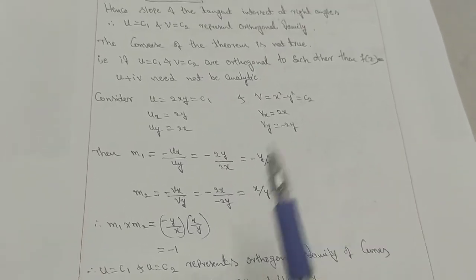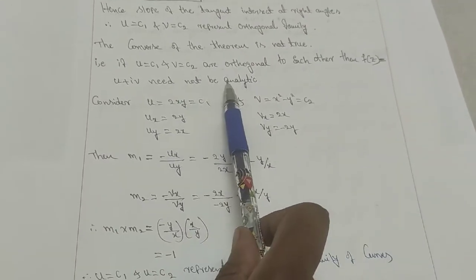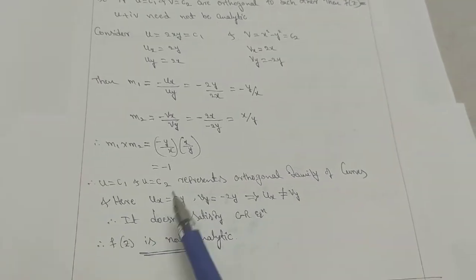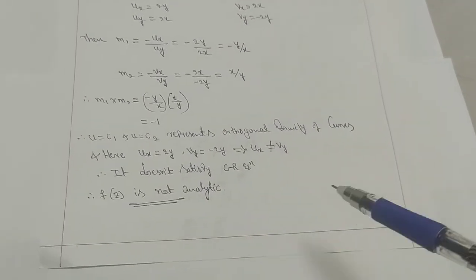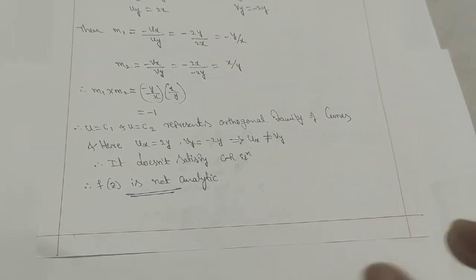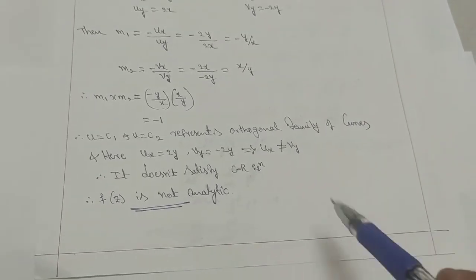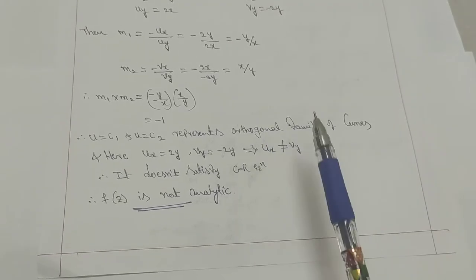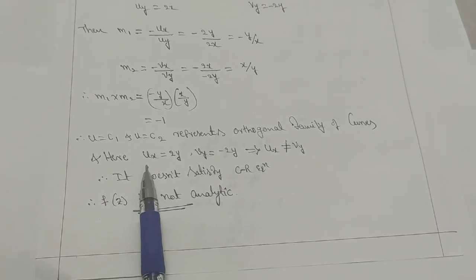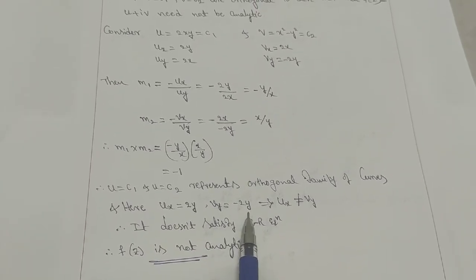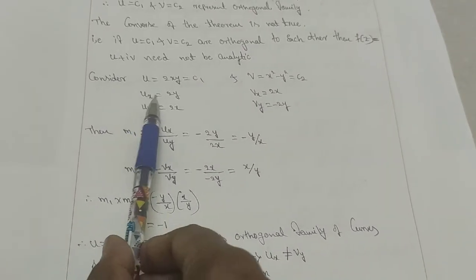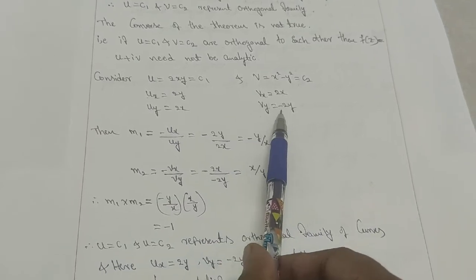And also we have to prove the function is not analytic. To check analyticity, it should satisfy the CR equations. If it doesn't satisfy the CR equations, we can say this is not analytic. So here ux is 2y and vy is minus 2y.